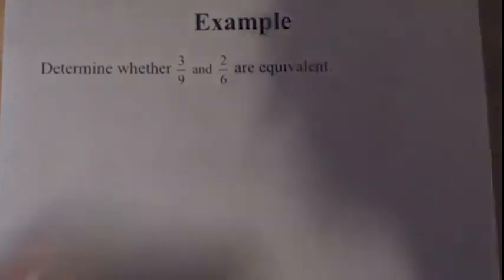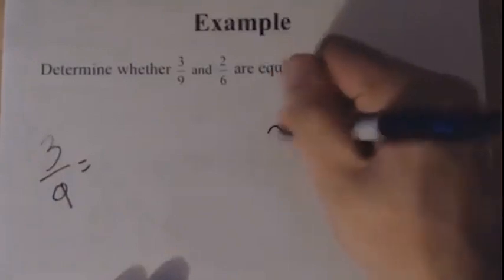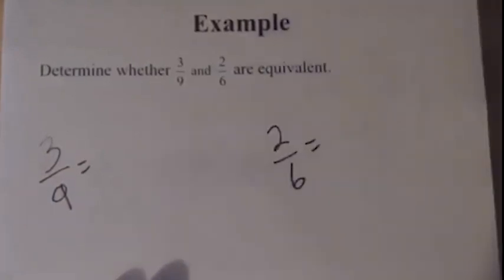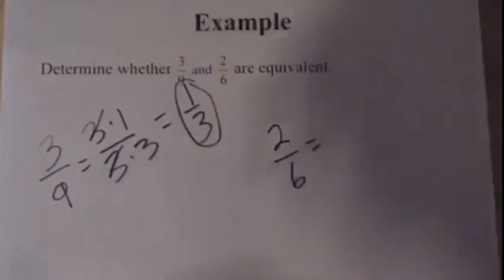If we put both of them in lowest terms, if they are the same, then they are equivalent fractions. 3 is 3 times 1, 9 is 3 times 3. The 3's cancel, 3/9 is 1/3. Or we can think of it as dividing top and bottom by 3. 3 divided by 3 is 1. 9 divided by 3 is 3.